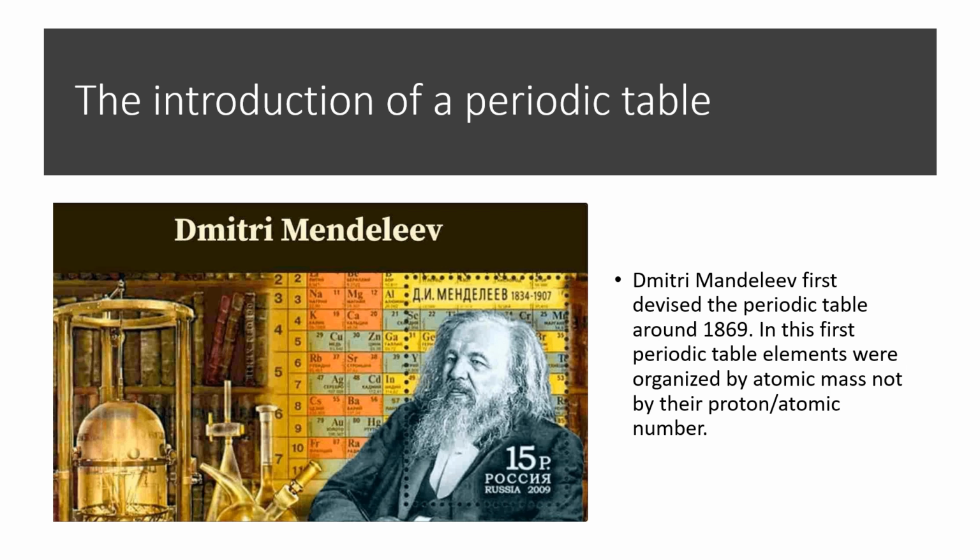Now, the introduction, we're going to talk about the history of the periodic table. First, it was devised around 1869 by Dmitry Mendeleev, who is a Russian scientist. Many of his fellow scientists were also noticing that there were a lot of different tendencies.